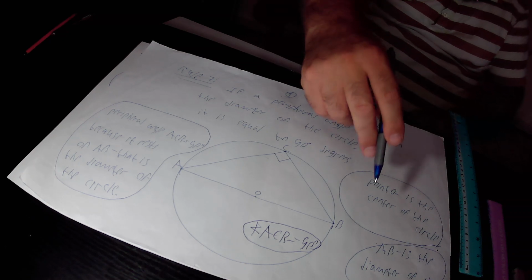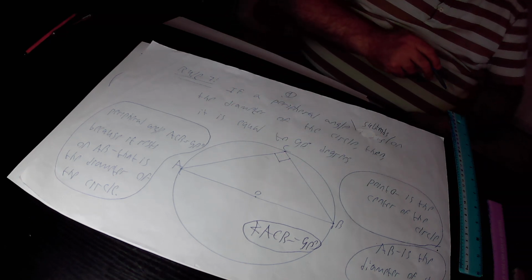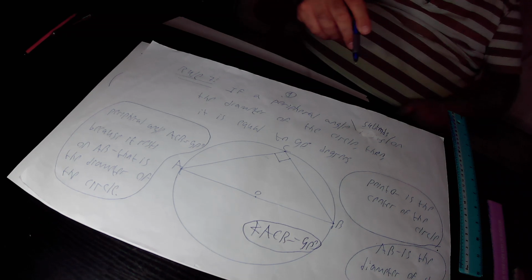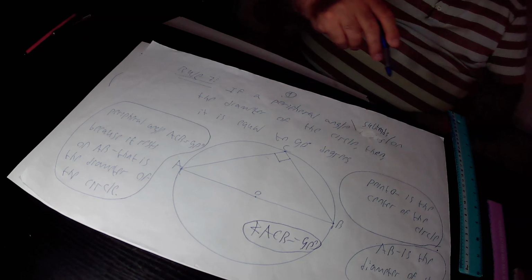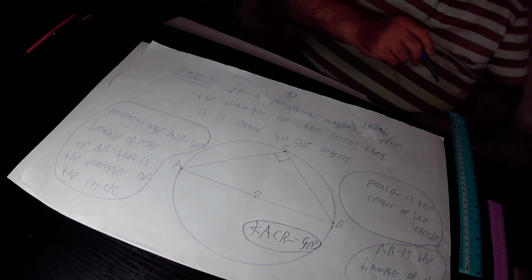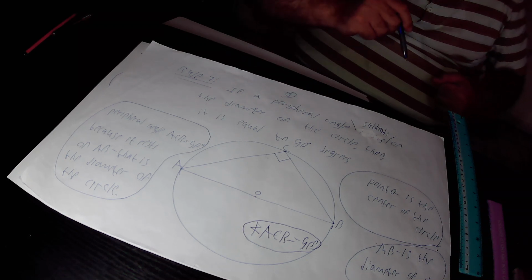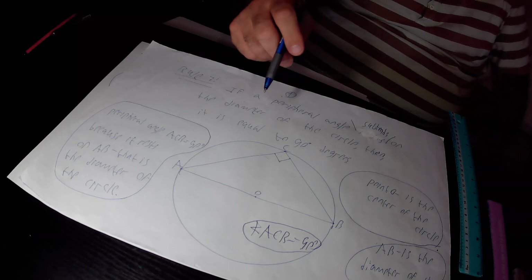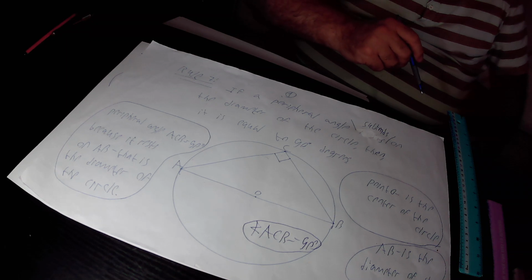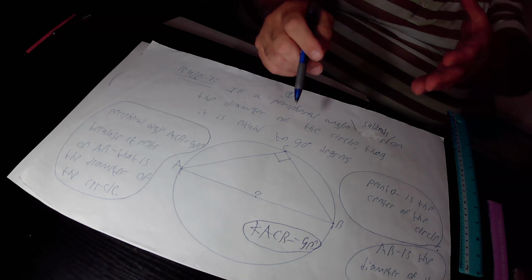So in the drawing we have a circle, and we know that AB is the diameter of this circle. We also have here peripheral angle ACB. Peripheral angle ACB subtends on AB, that is the diameter of this circle, and therefore according to rule 7, peripheral angle ACB must be equal to 90 degrees in its size. Why? Because it subtends on AB, that is the diameter of this circle. So any peripheral angle that subtends on the diameter of the circle must be equal to 90 degrees in its size.